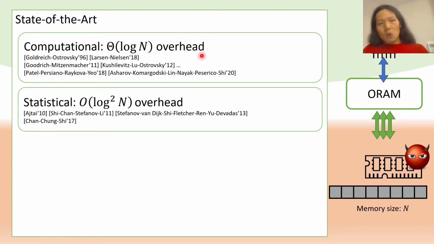For example, in the computational setting, we achieve logarithmic in n overhead, where the overhead means the ratio between the number of logical accesses and the number of physical accesses, and n denotes the problem size, the number of memory words the ORAM simulates.